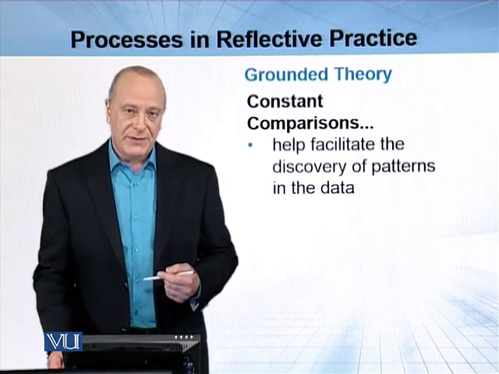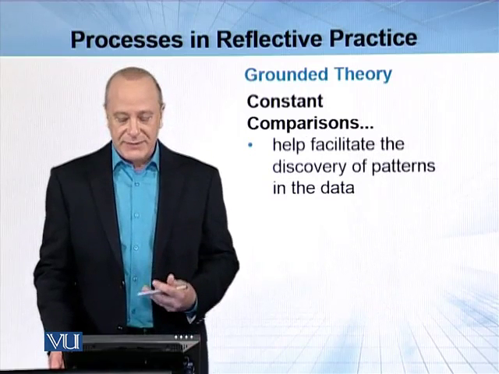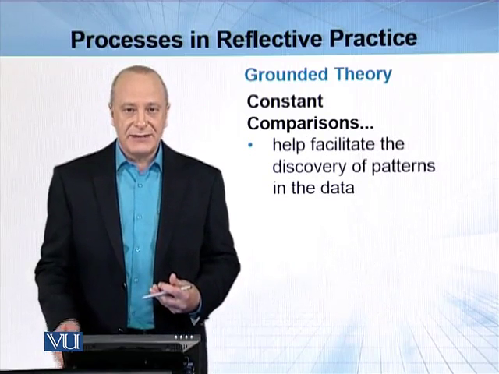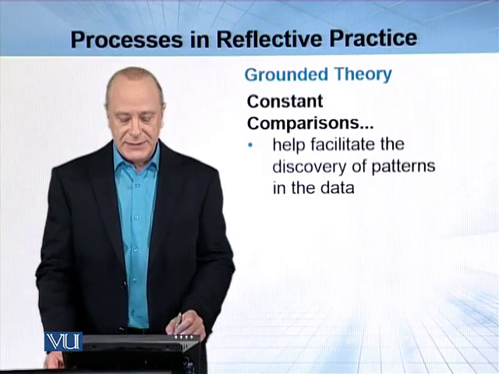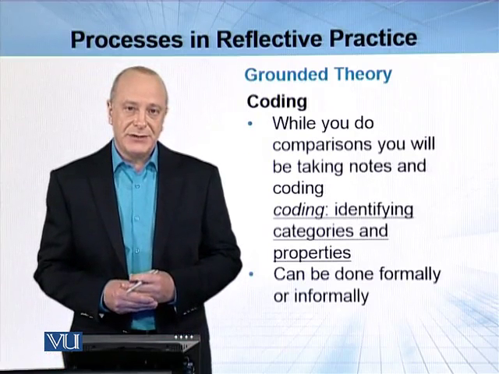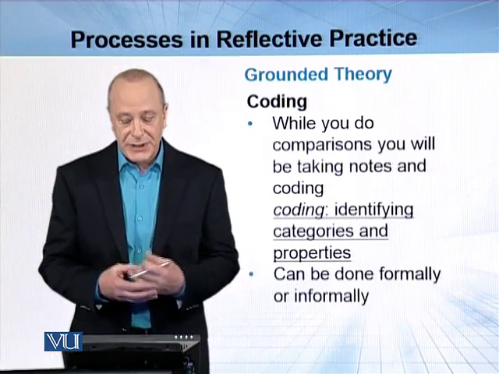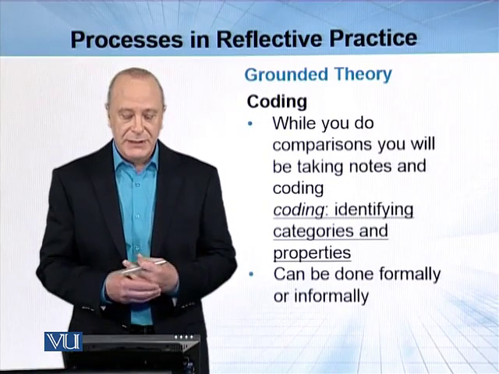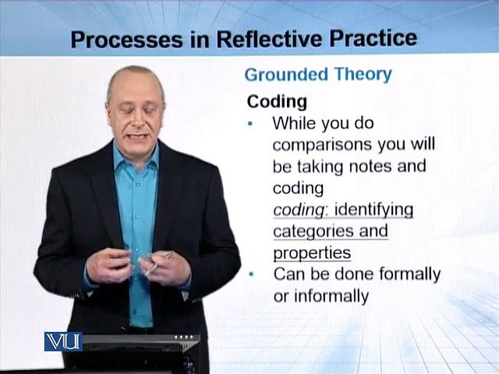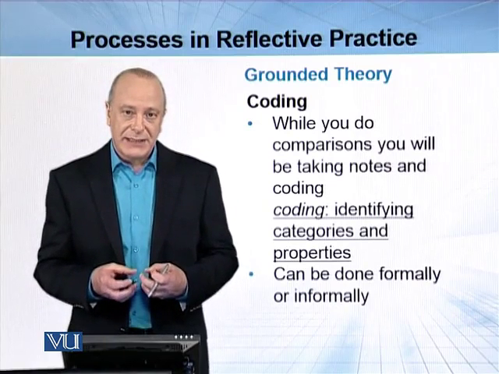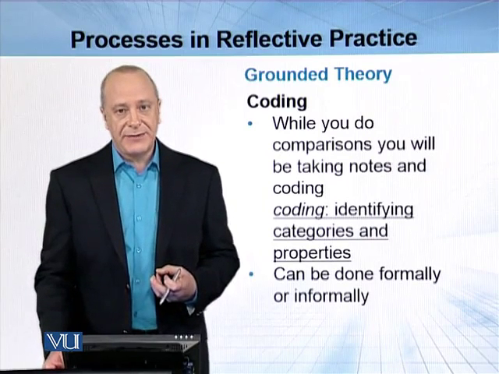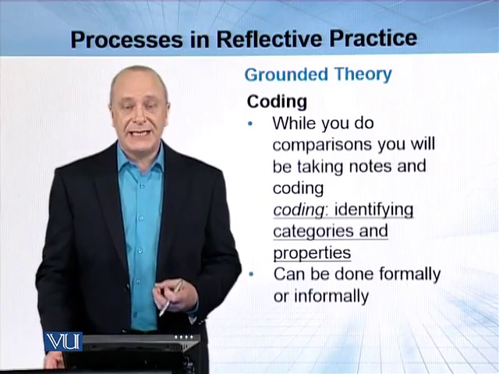And this helps us develop patterns of behavior which help us understand the data and the patterns within the data. And the key way to do this through grounded theory is by coding the information that we have. We look at the data and we can give codes, categories to that data in relation to particular attributes that the data has. And this can be done both formally and informally.